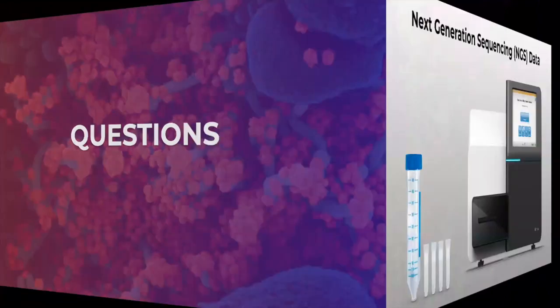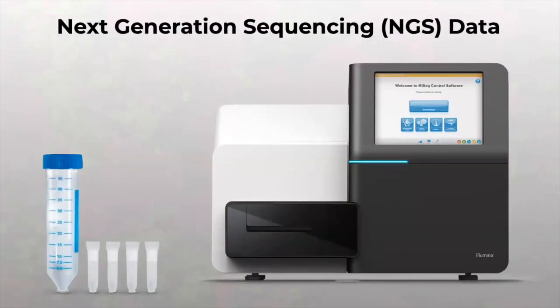Okay, so next generation sequencing. Why do we need processing of next generation sequencing data? The processing of next generation sequencing data is the process of extracting biological material in a specific format using different types of library preparation techniques and sequencing them to produce some sort of information.